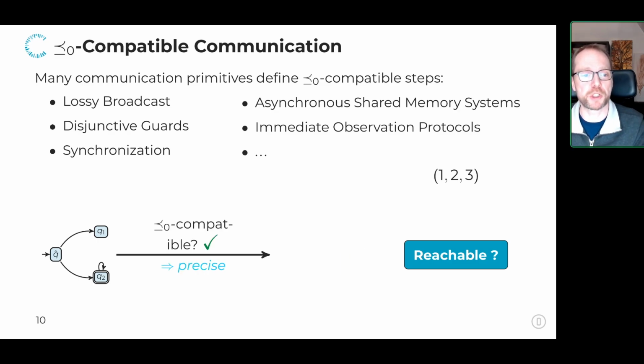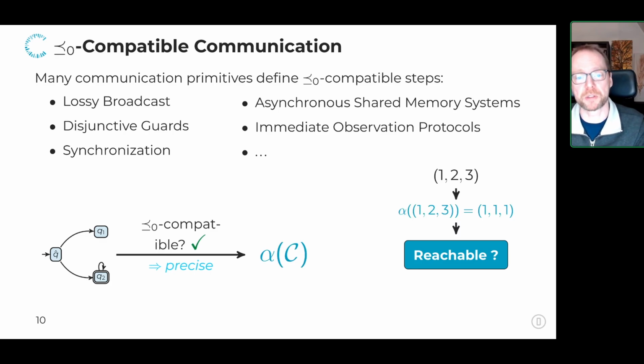But if we can show that they're compatible with this well-quasi order, we know that the abstraction to the 0, 1 counter system is precise, and then we can check reachability of the abstraction of the state that we're interested in the 0, 1 counter system. And the abstraction is a finite system, so this reachability check is decidable.